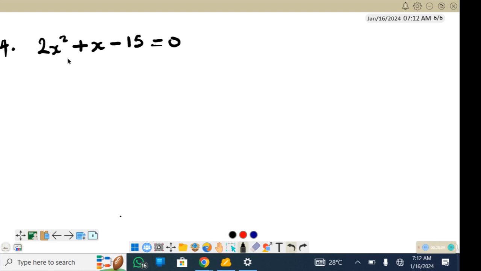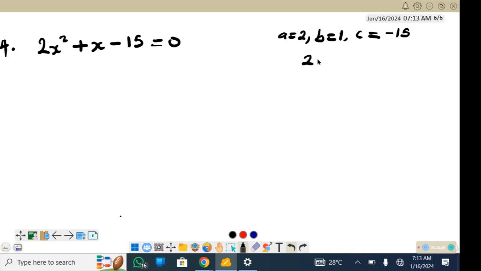Okay, so let's have, when we have plus and minus, so that will give us 2s squared plus s minus 15 equal to 0. So the first thing to do is to get the value of our a, which is 2, our b, which is 1, of course, here it is plus 1, then our c, which is minus 15.